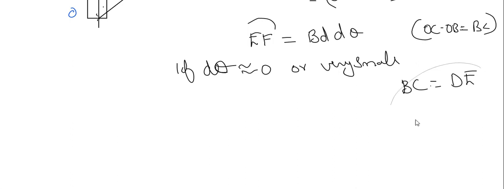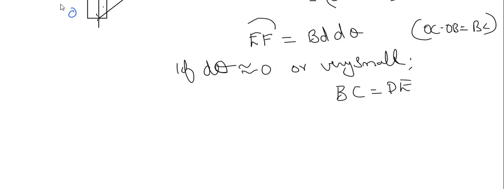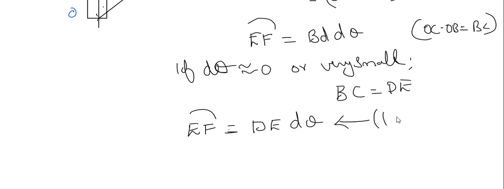So for a very small angle, BC equals DE, and you can write now arc EF will be equal to DE times d theta. That will be equation number 1.